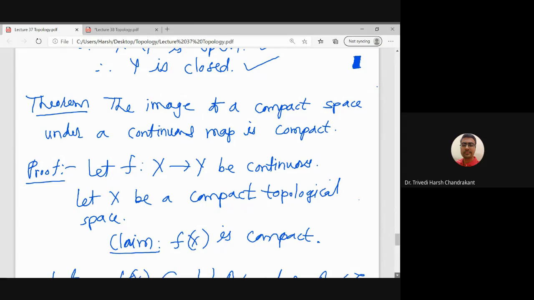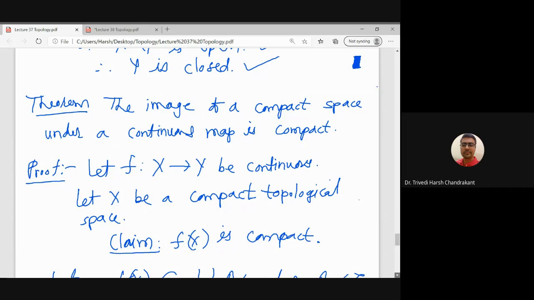And if f is a bijection and f and f inverse are both continuous, that means f is a homeomorphism, then X and Y are homeomorphic. If X and Y are homeomorphic, and either of them is compact, then the other space will be compact.